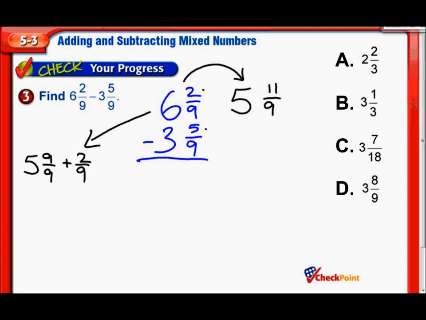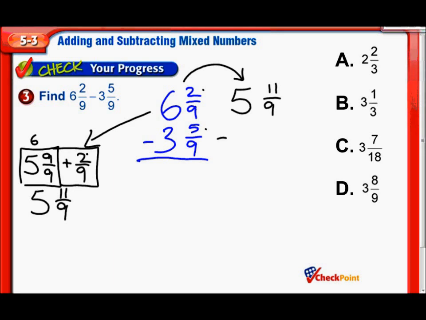And here it comes, 5 and 9/9, which really, when you put these two things together, that really equals 6. Plus the extra 2/9 is going to be 5 and 9 plus 2 is 11/9. So there's the 5 and 11/9. We'll practice this more in class.